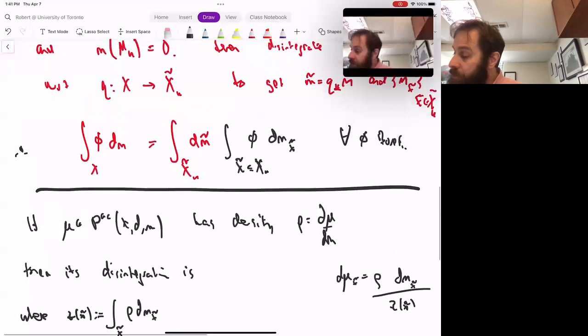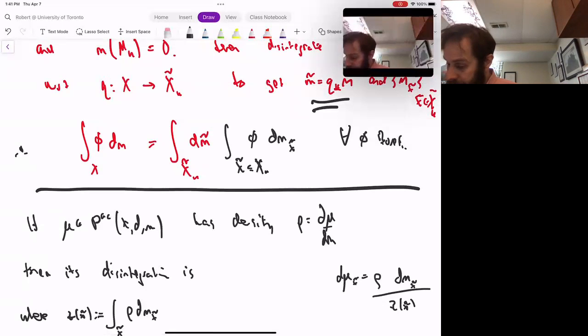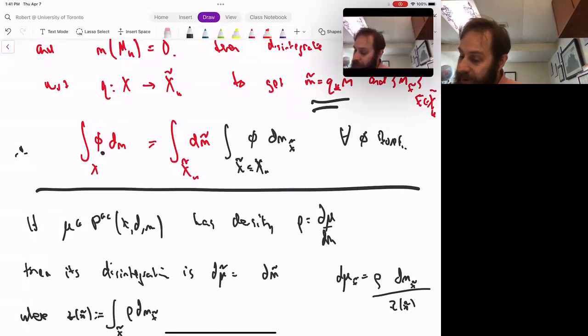And the thing that plays the role of the projected measure, let's call it mu tilde, is going to be proportional to m tilde. But in order to think about replacing phi in this formula by rho, if I want to divide by z in here, that's okay, provided I multiply by z over here.